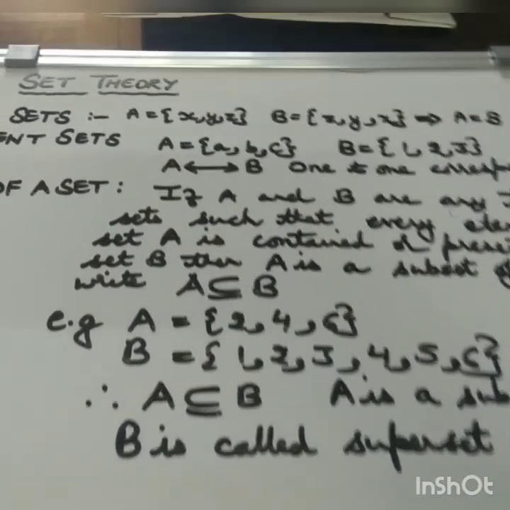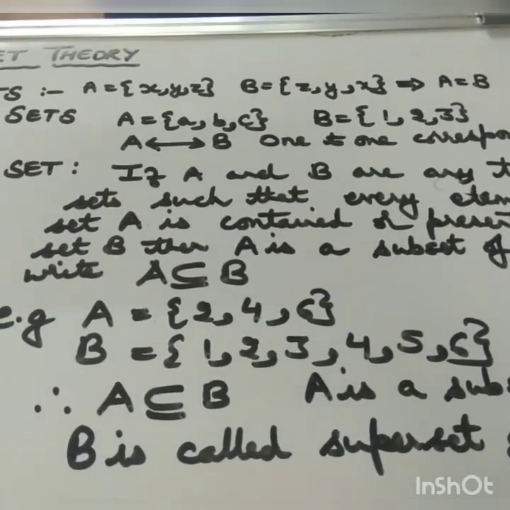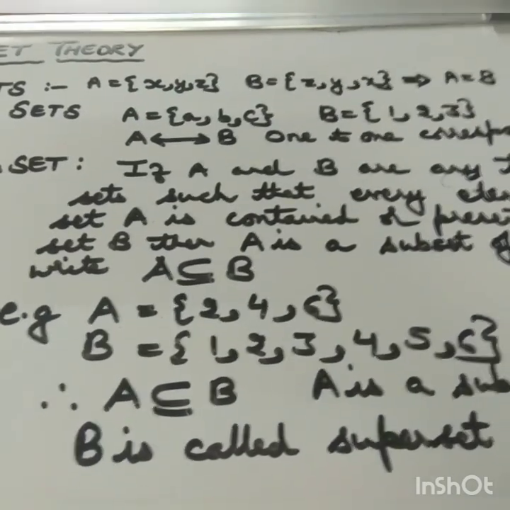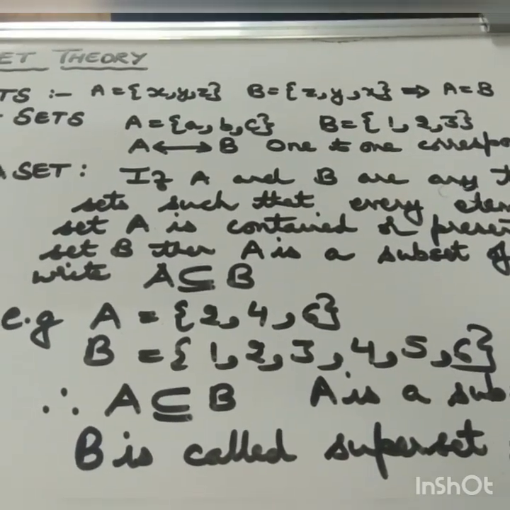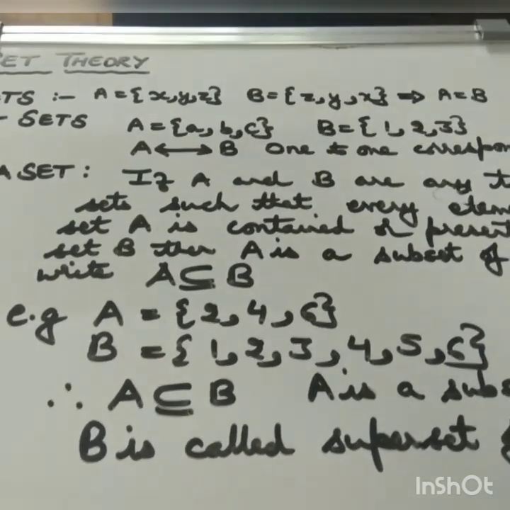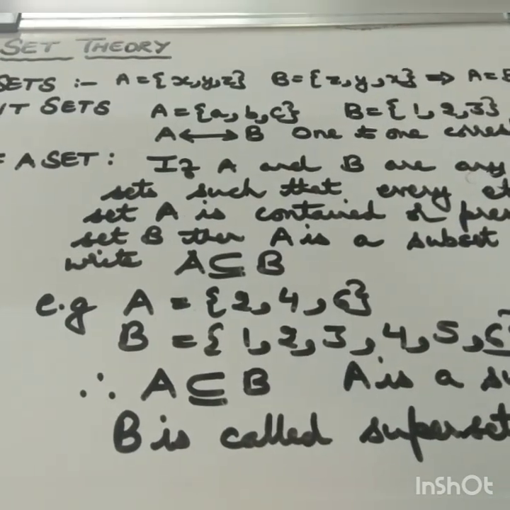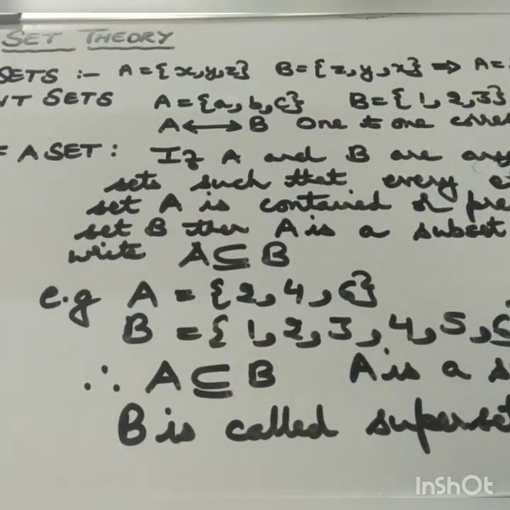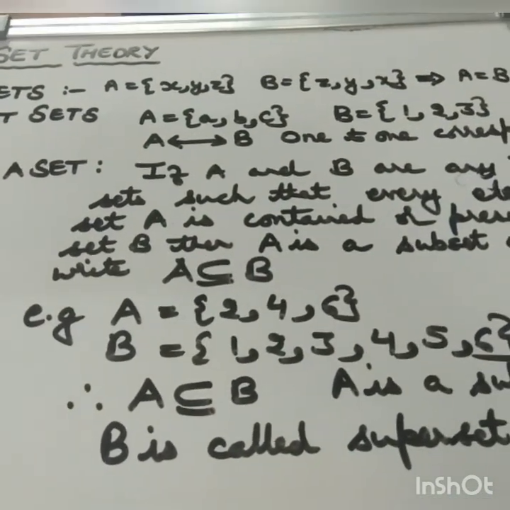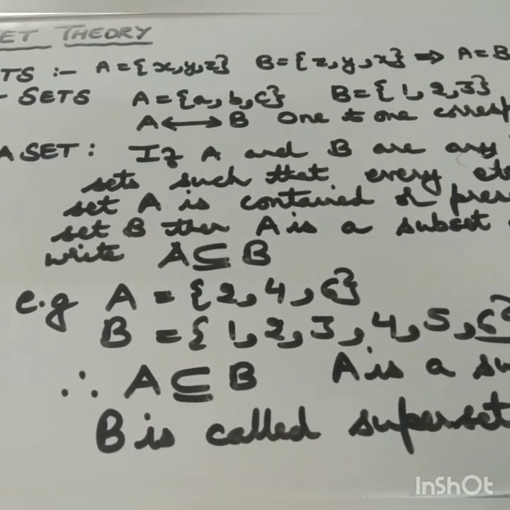Now if A and B are any two given sets such that every element of set A is contained in or present in the set B, then A is a subset of B. That is, A is a part of B. We write A as a subset of B. Mathematically speaking, we write like this. Now A is equals to 2, 4, 6, B is equals to 1, 2, 3, 4, 5, 6.